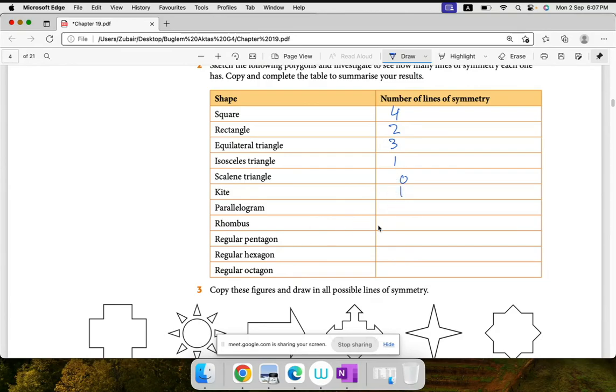Parallelogram, 0. Rhombus, 2. The extra one, yeah. A regular pentagon, 5. Regular hexagon, 6. Octagon, 8.